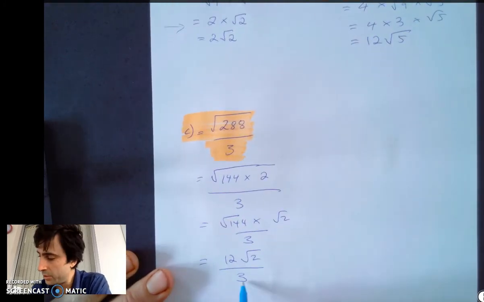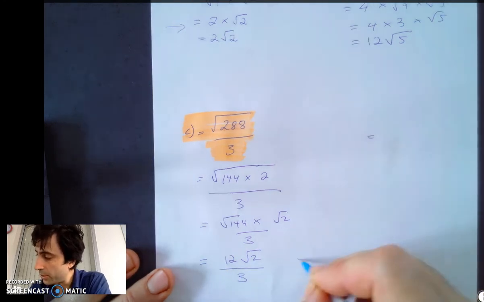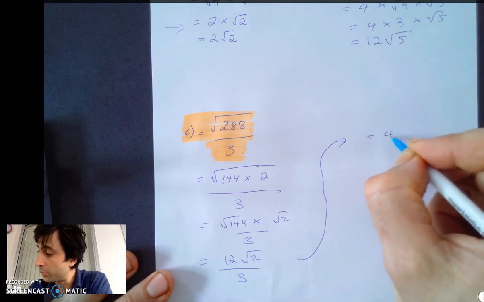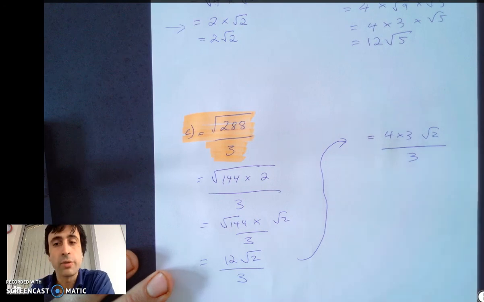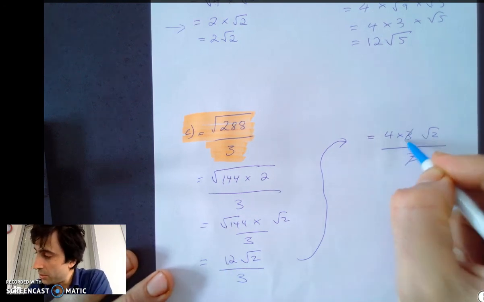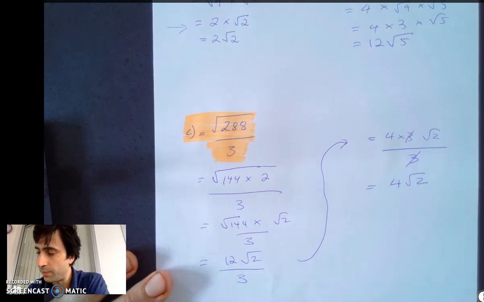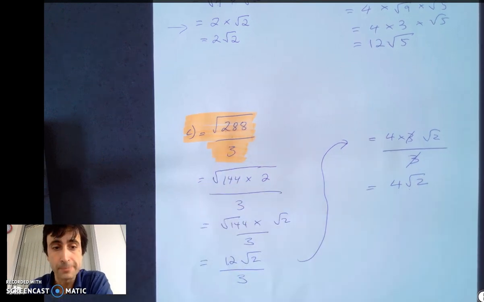No, because we can simplify, man. 12 is just 4 times 3 root 2 over 3. Hopefully by now you can pull apart your factors and you see cancel, cancel, 4 root 2. A much nicer way of writing that. That's kind of where we're at now. Boom!